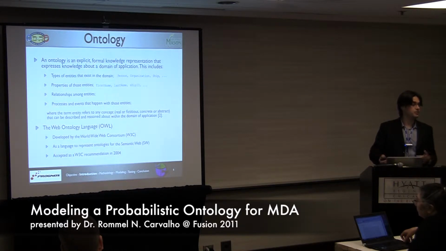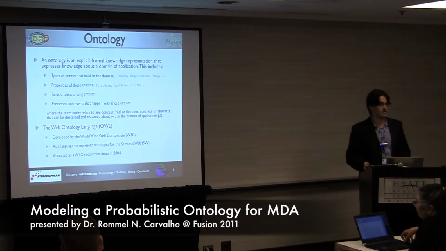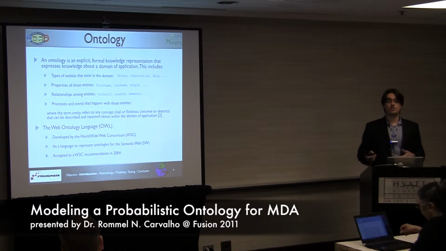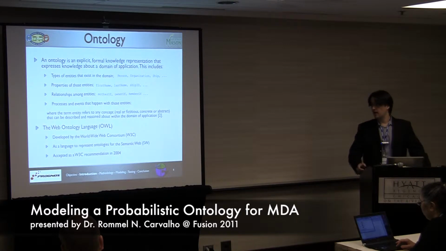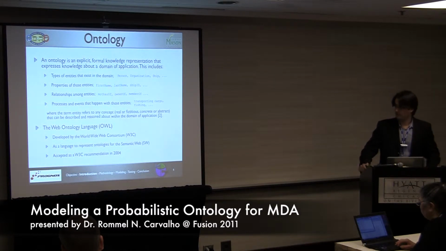You're going to have attributes for those things: a person has a first name or last name, a ship has some ID associated to it. You're going to have relationships: a person is the mother of another person, a person is the owner of a ship, an organization is the owner of a ship, or some other relationship between those classes. You're also going to try to represent processes and events like transporting cargo and fishing and other things like that. So that's what you do in your ontology.